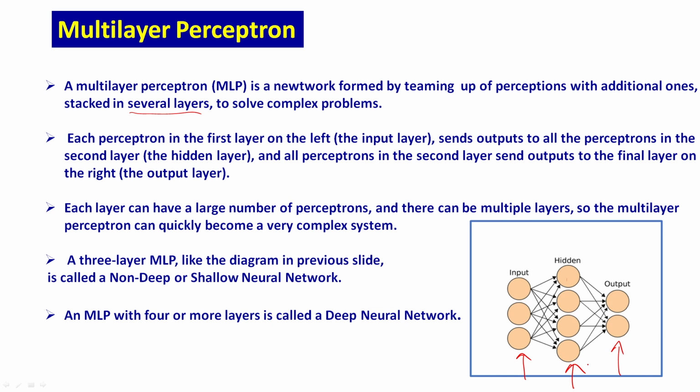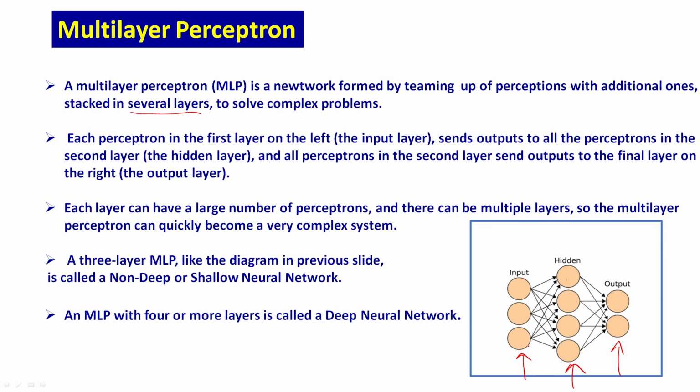Each perceptron in the first layer takes input from whatever you are feeding, and then sends output to the next layer, and it goes on to the second layer, third layer, fourth layer. Each layer, as you see here, input also has a large number of perceptrons, and it depends on you how many perceptrons you put, so they can quickly become complex systems.